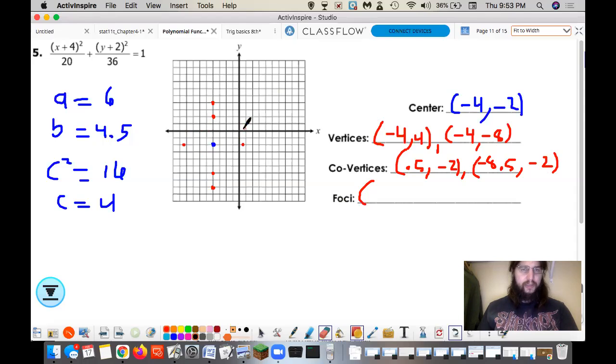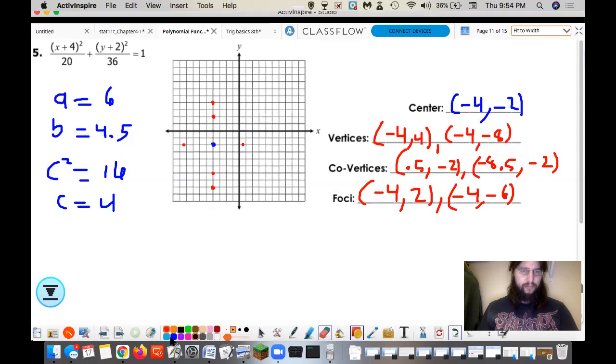Foci, -4, 2. -4, -6. Go. Connect that ellipse.